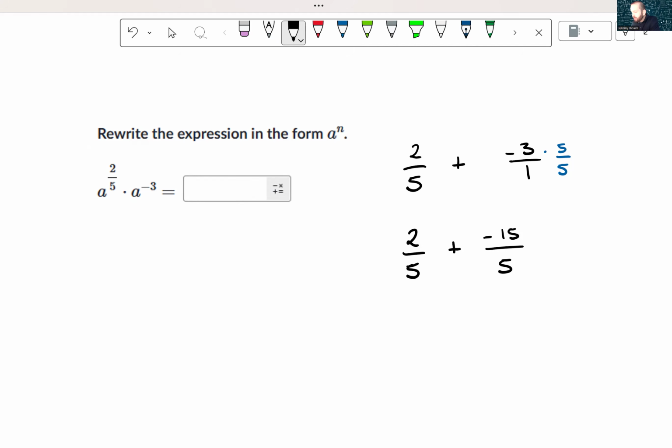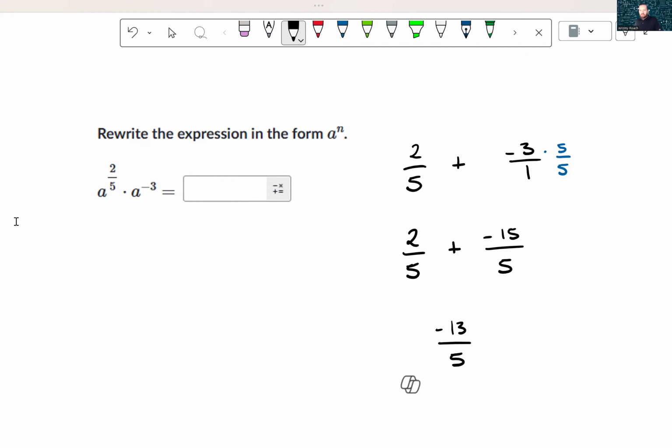And now this is -2 plus -15, which is -13 over 5. Okay, and I believe we can leave it like that for our final answer. Let me double check just to make sure here. That's over 5. Okay, perfect.